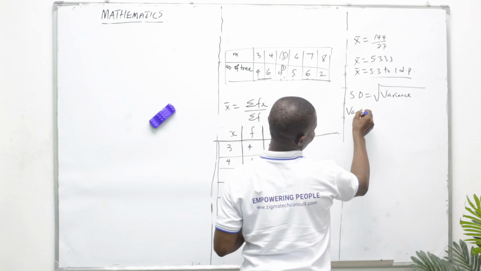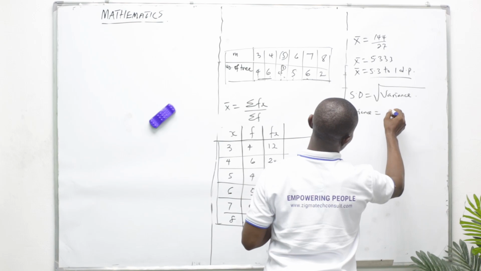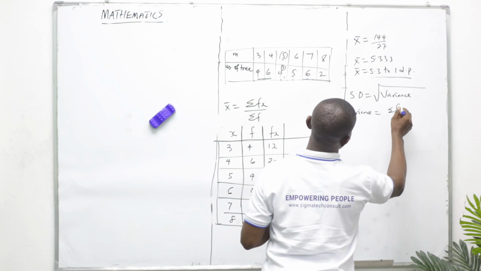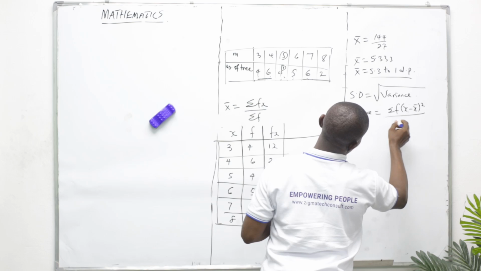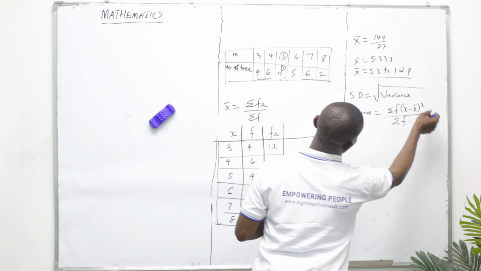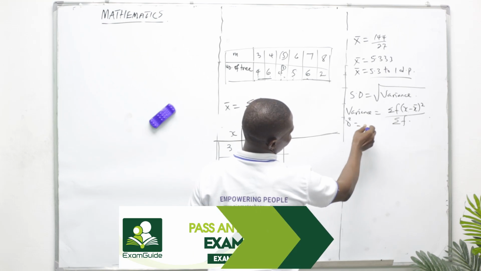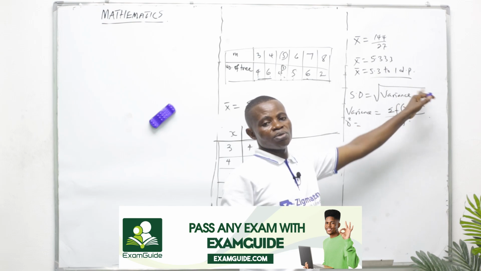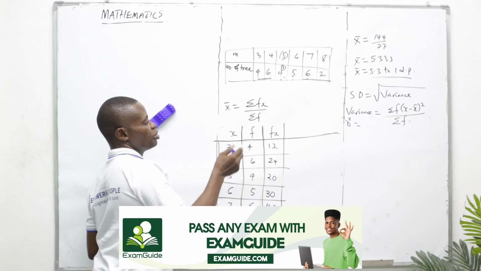And you also know that variance equals summation f bracket x minus x bar all squared over summation f. Now when you put it in the square root, it becomes the standard deviation.